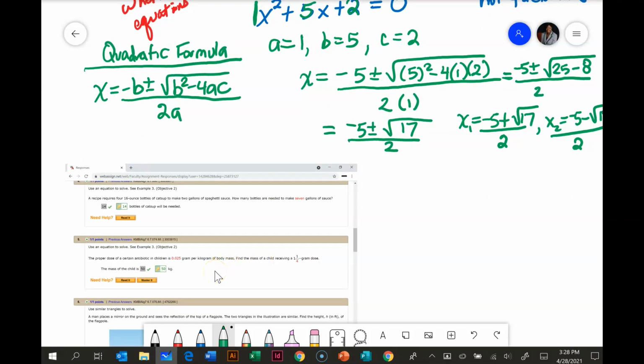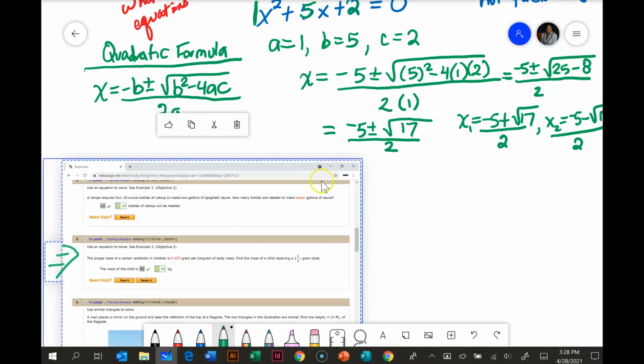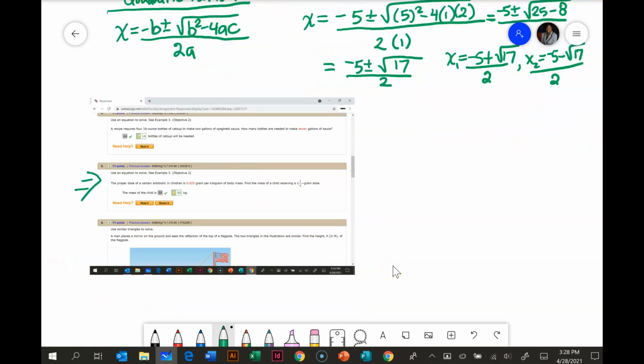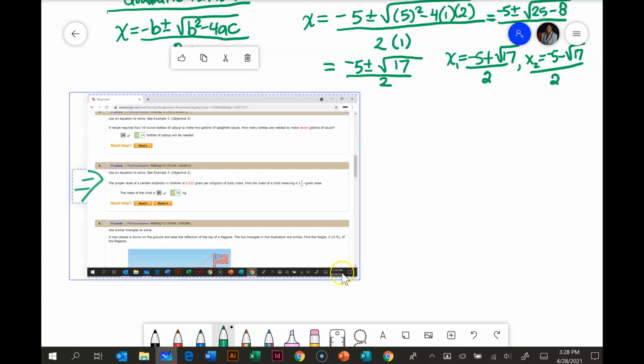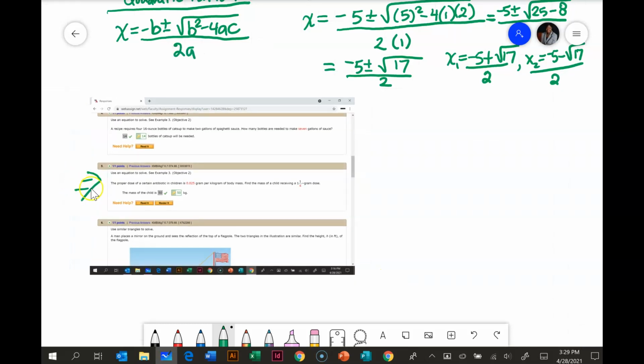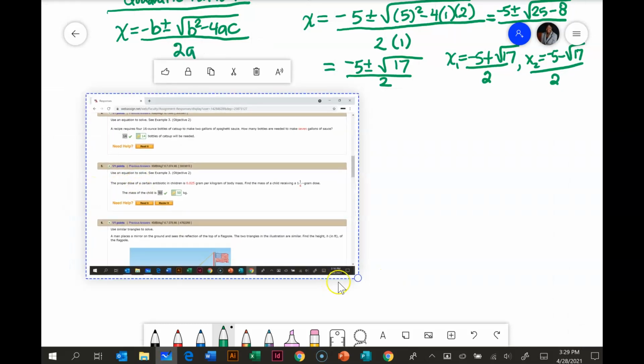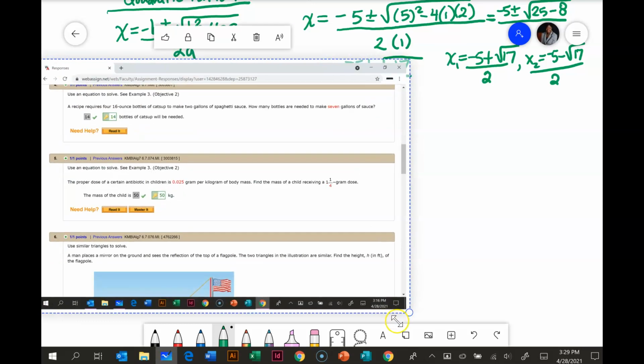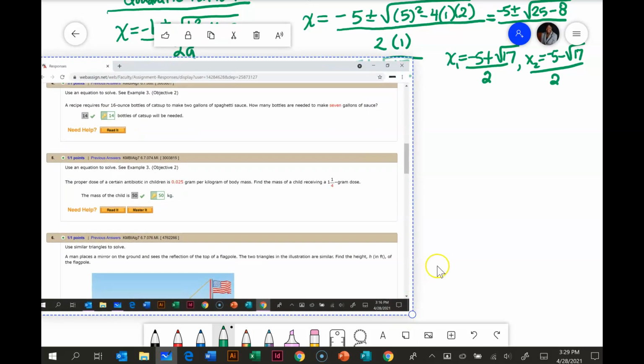All right, let's go ahead and tackle this proper dosage problem. This one right here, and I'm going to blow this up a little bit more. All right, it reads, use an equation to solve. It says the proper dose of a certain antibiotic in children is 0.025 gram per kilogram of body mass.